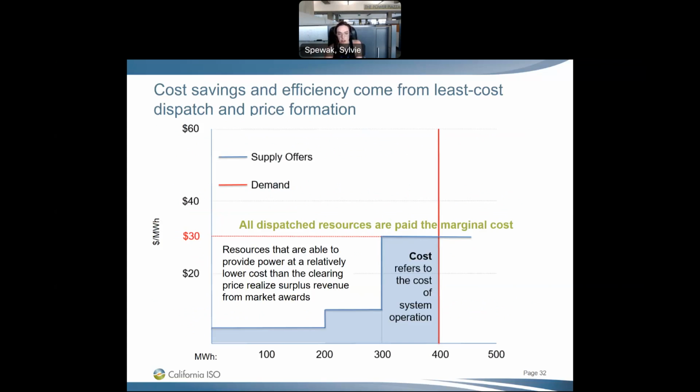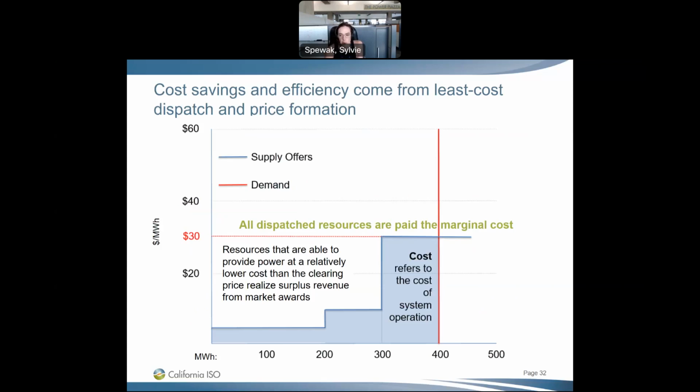And as we discussed on the previous slide, resources are paid the marginal cost of meeting the next increment of demand. So on this image, we need to meet 400 megawatts of demand. The 401st megawatt, let's say, costs $30 per megawatt hour. So the market clearing price is $30 per megawatt hour, and all dispatched resources are paid $30 per megawatt hour.